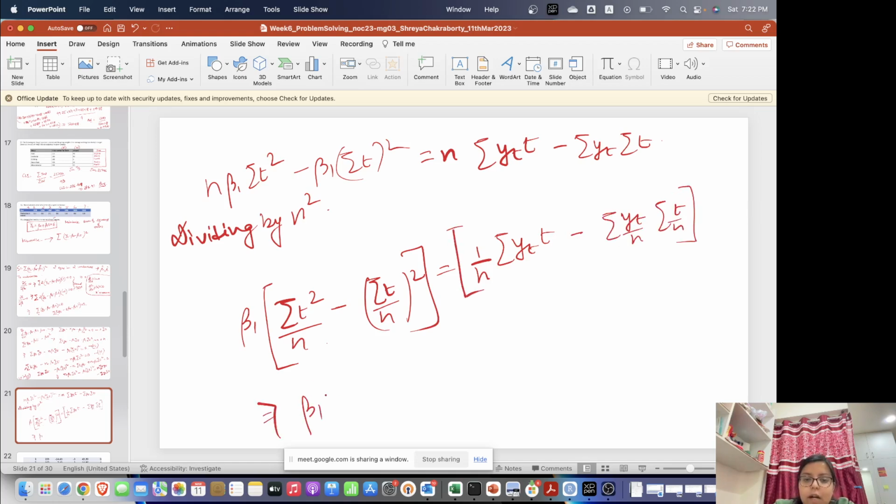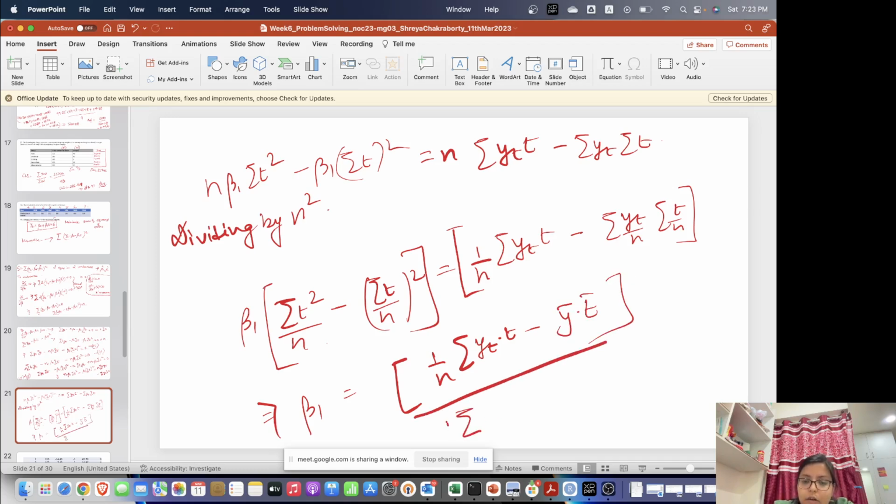So then beta 1 will become 1 by n summation y_t into t minus y bar into t bar, divided by summation 1 by n t square minus t bar whole square.